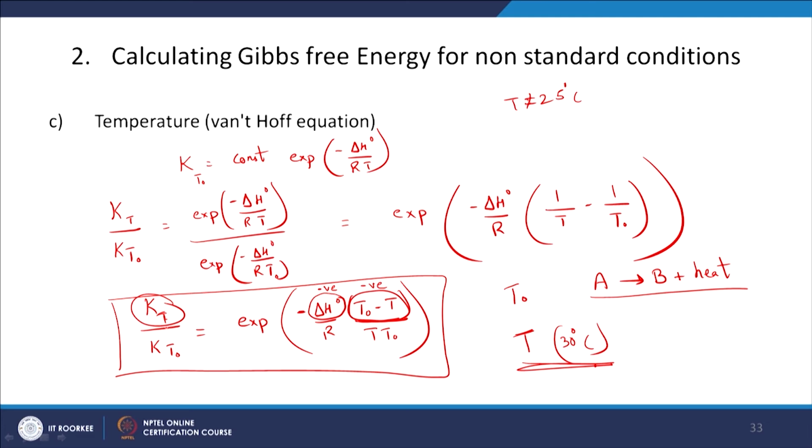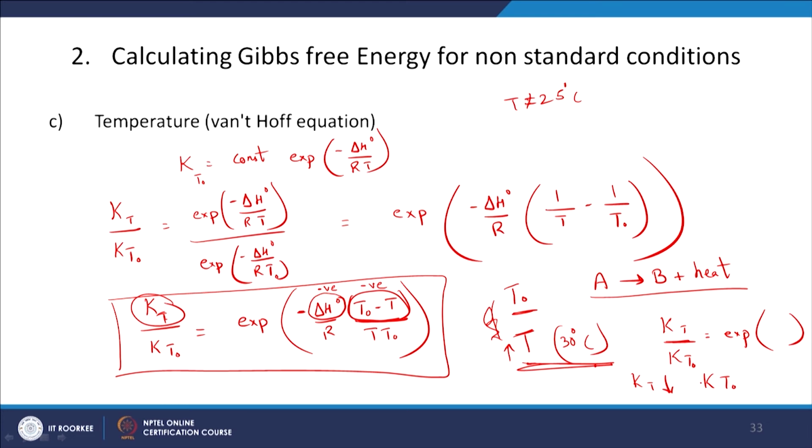So we are going to end up with K T by K T naught as being exponential of the relevant terms, and it is going to decrease, right. So that is what you are going to see here. As you increase the temperature compared to the standard conditions, you see that K T is going to decrease compared to K T naught.